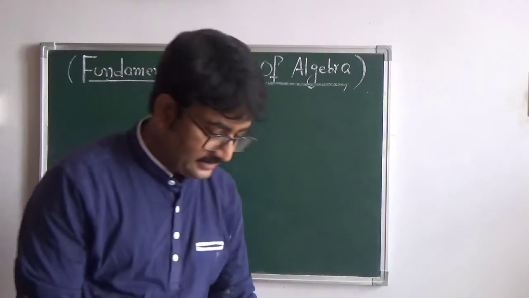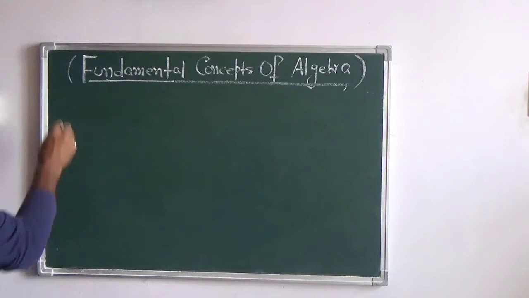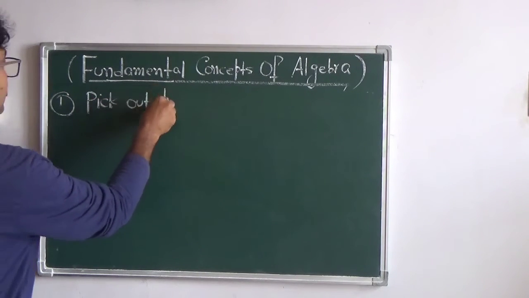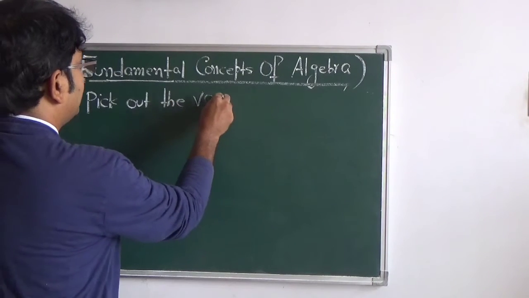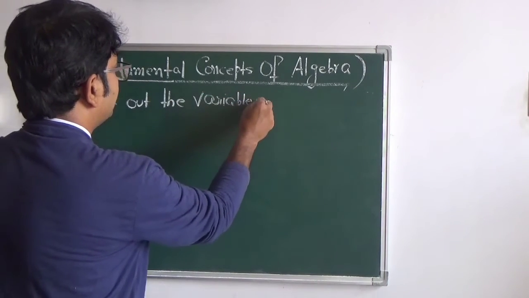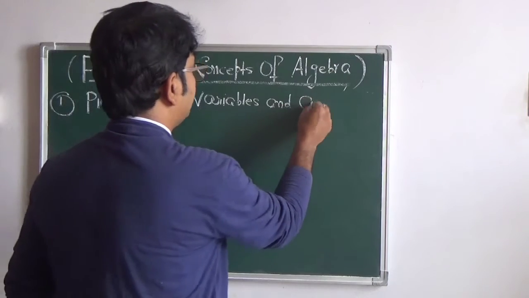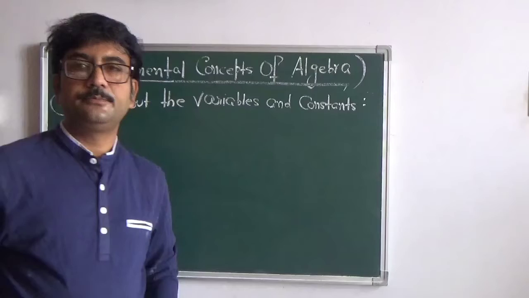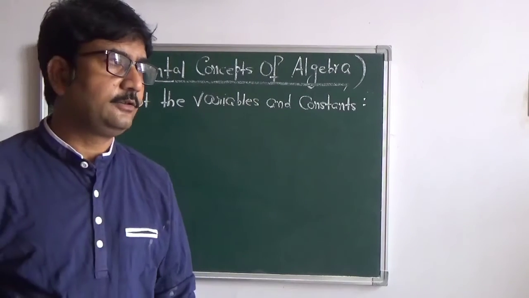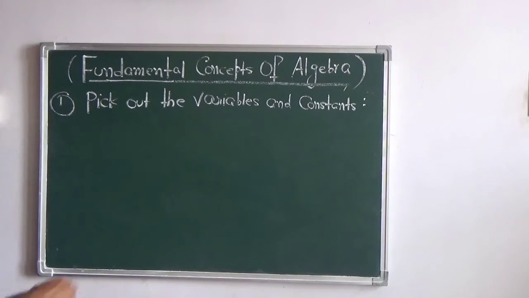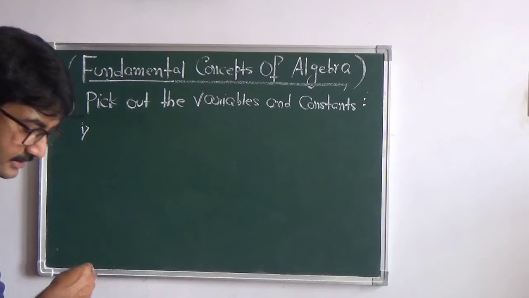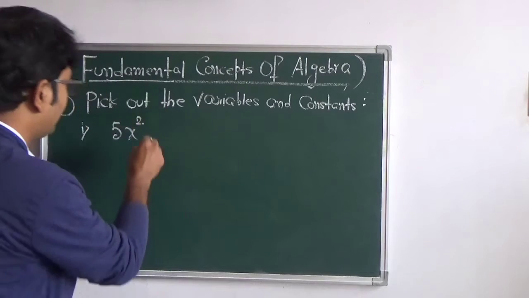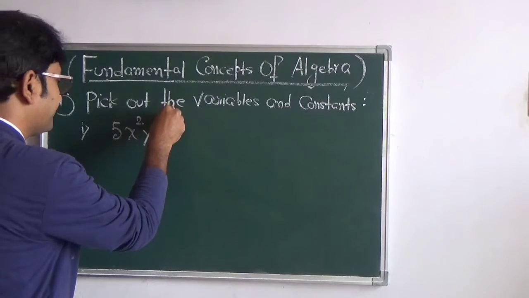First question is, pick out the variables and constants. We already know what is called a variable and what is called a constant, so it won't be much difficult for you to find out which is a variable and which is the constant.